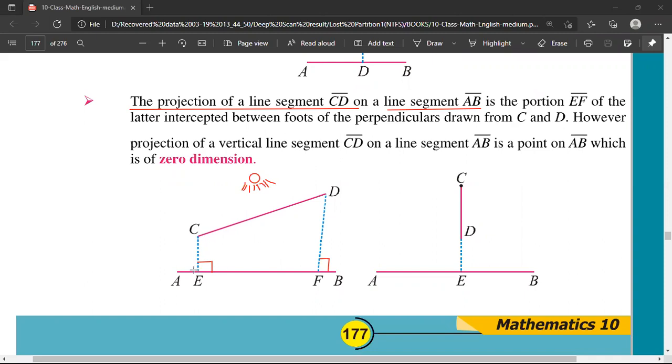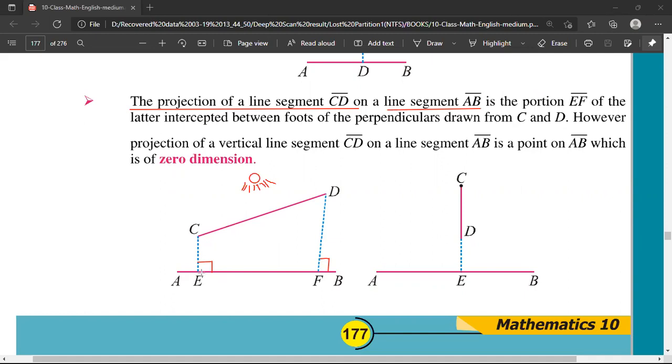So the statement: the portion E to F length of the line is intercepted. Intercepted means this A to B length is intercepted at points E and F. So these are the 2 foot points. E is the foot of perpendicular, or you can say E is the projection of point C, the foot of the perpendicular CE, and point F is the foot of the perpendicular DF.